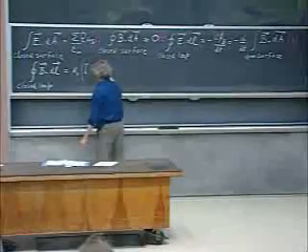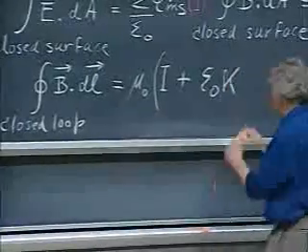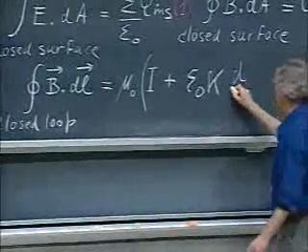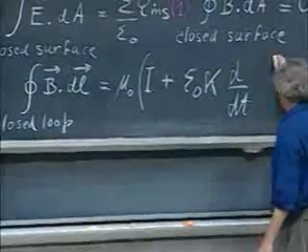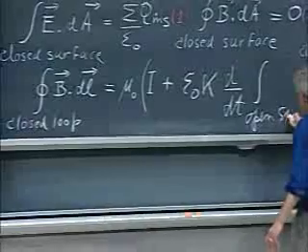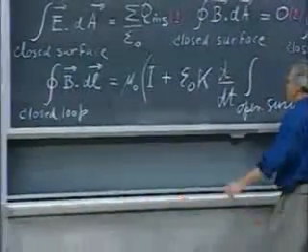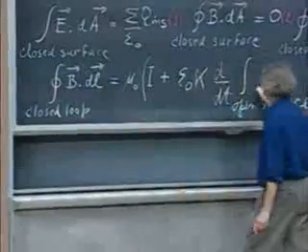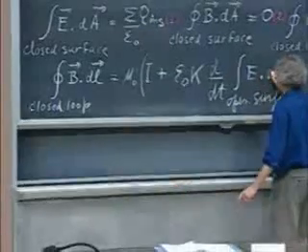He adds a term here, epsilon 0 kappa d/dt of the integral over an open surface attached to that closed loop of E dot dA.